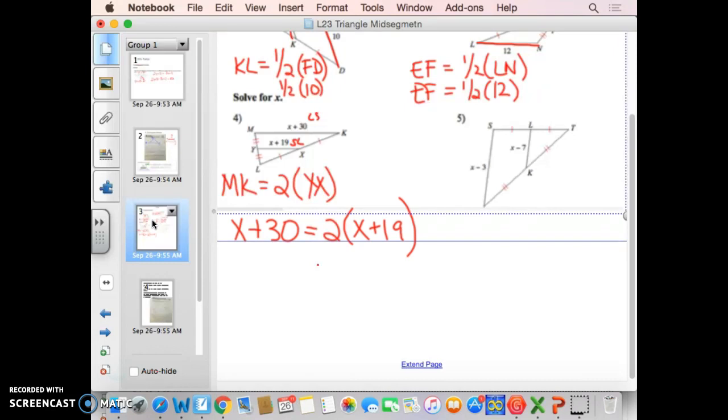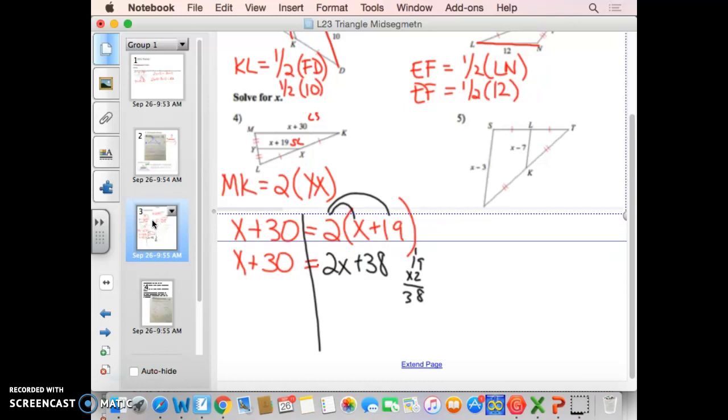Okay? And so I'm going to keep my x plus 30 on this side. And then I'm going to do the distributive property over here. So that's 2x. And let's do 19 times 2. It's going to be like 38 probably. 38. Well, now I got to come across the equal sign, so I'm going to do some switching.